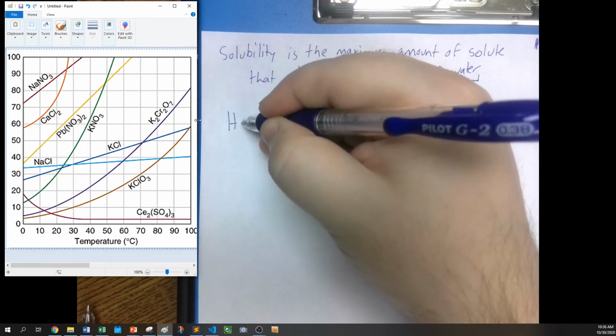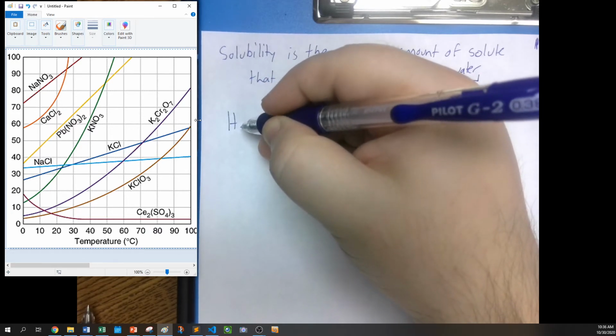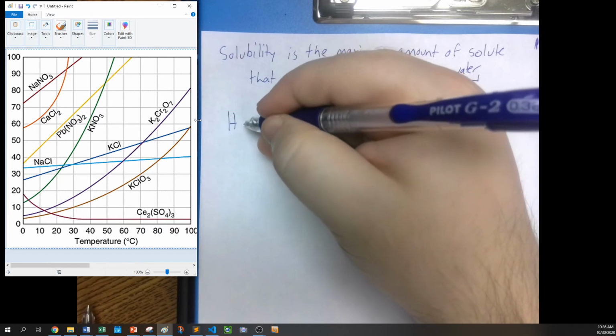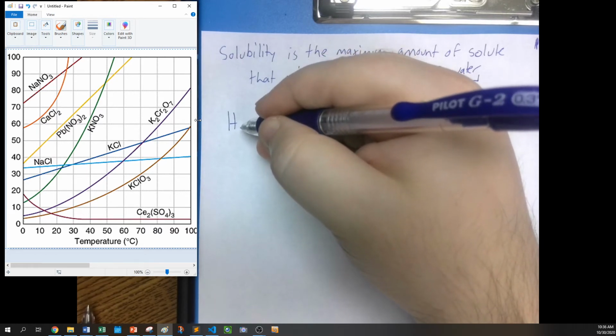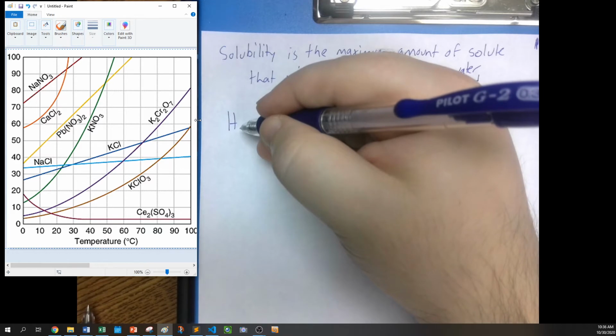So your water bottles have 500 grams of water in them, 500 milliliters water bottle.